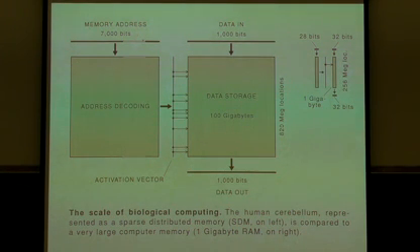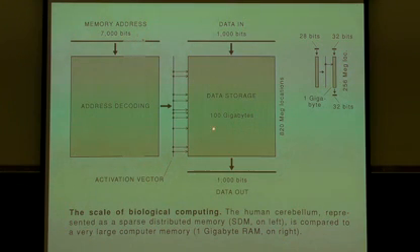You might think that the inputs would be like 7,000 bits, and the data. Anyway, the cerebellum would have capacity for 100 gigabytes, and that gives you an idea of the scale of biological computing.